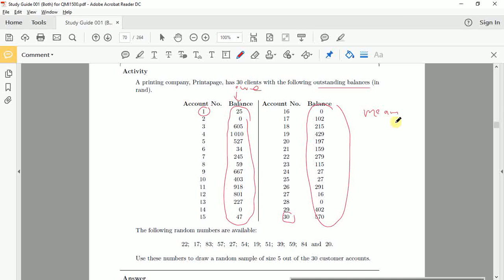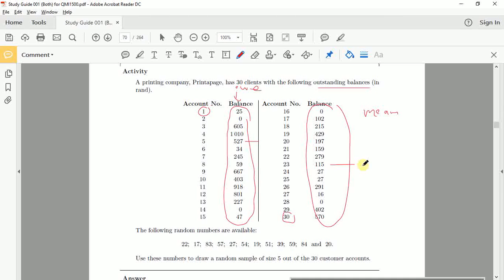So I put in 25, 25, next one 0, next one 605, next one 1010, next 527, next. 34, 245, 59, 667, 403, 918, 801, 227, 0, 47, 0, 102, 215, 429, 197, 159, 279, 115, 27, 27, 291, 16, 0, 402, 570.